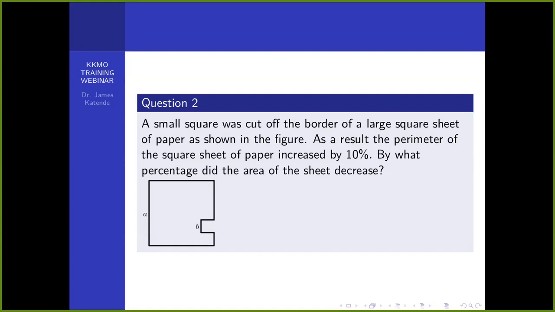As a result, the perimeter of the square sheet of paper increased by 10%. So the question is, by what percentage did the area of the sheet decrease? Again, we can give you a few minutes to have a go at this and share some of the ideas you develop.